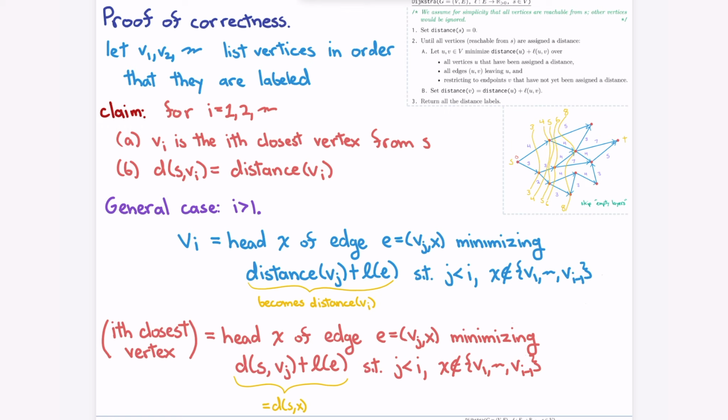One is that you're already agreeing on the 9 closest vertices. And the second is that you're getting the right distance labels for the first 9 vertices. And that sets you up to get the 10th one. Okay, so nothing special. I think everyone understood this implicitly, and it's just one way to articulate it.